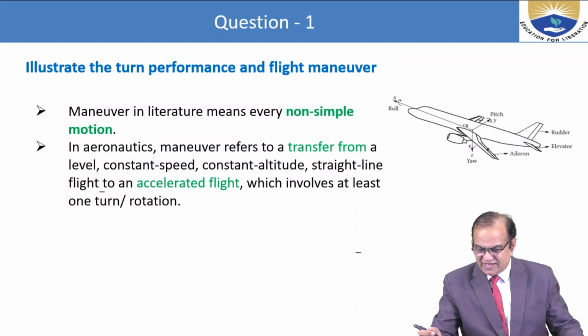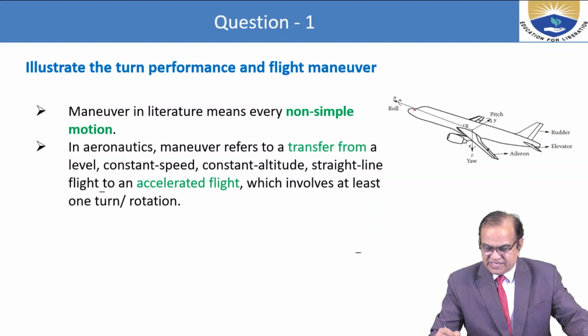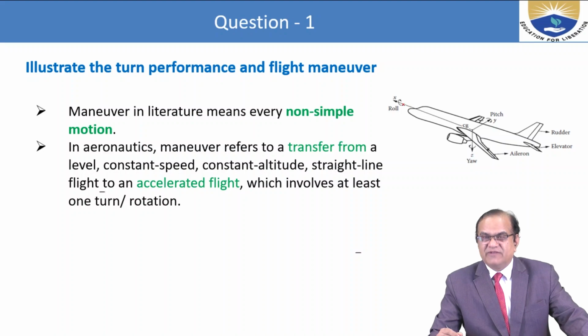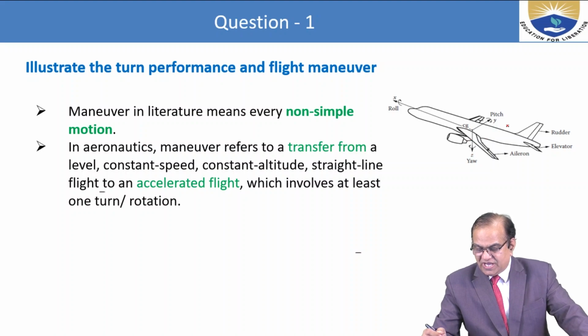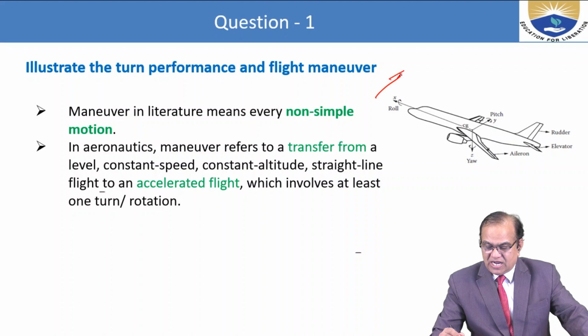You can see here that this is the aircraft, and this is the x-axis, which is the rolling axis. We have here the pitch axis, it is y, and we have the z-axis, that is the yaw. We have here the rudder. The purpose of this rudder is to move the nose left or right.